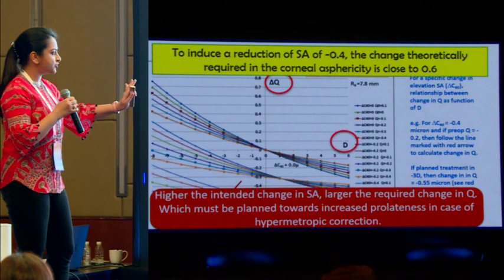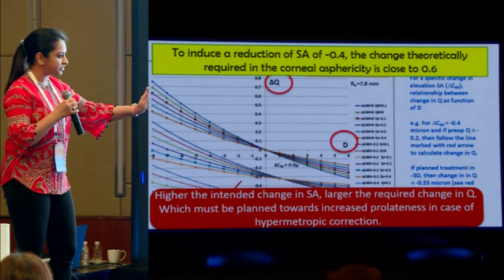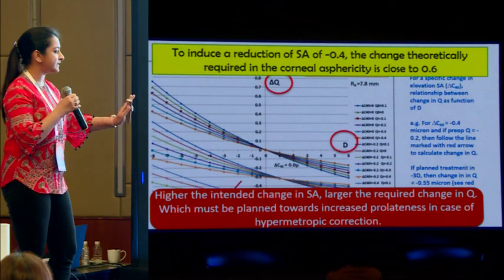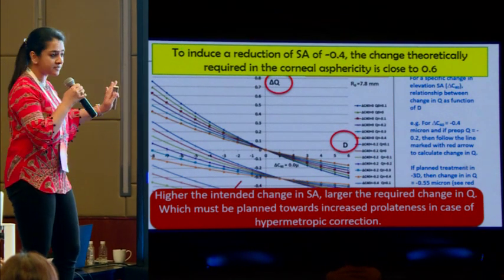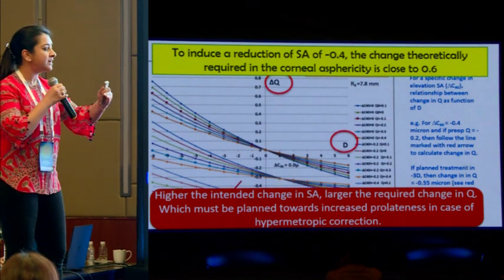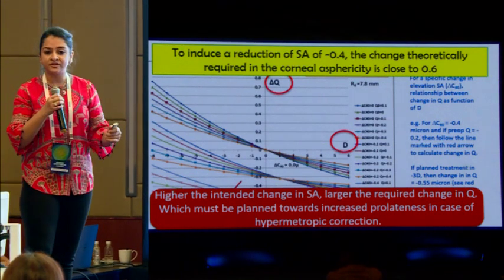Also, if the change is on the hyperopia side and you want increased prolateness, this should be taken into consideration, because the higher the change of spherical aberration you desire, the larger the required change in sphericity.